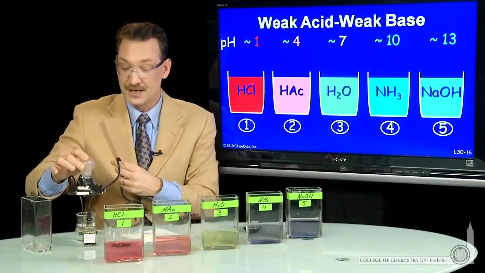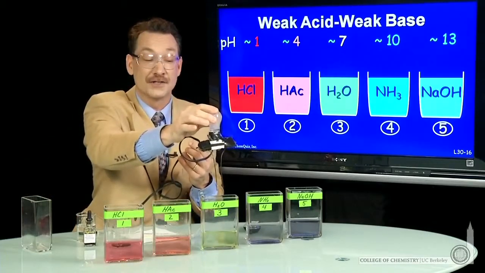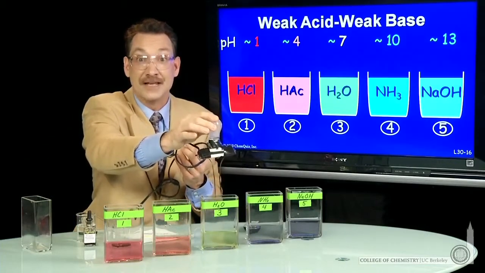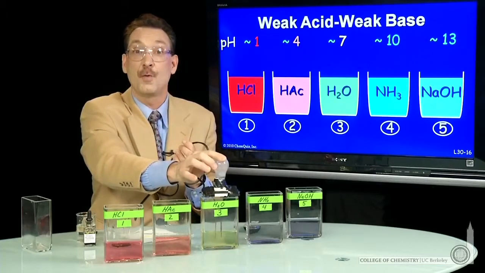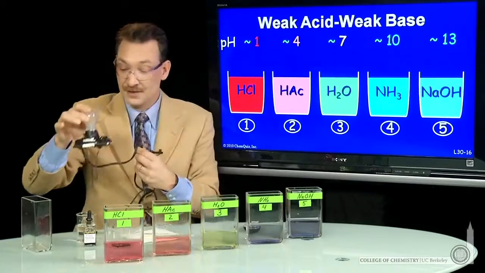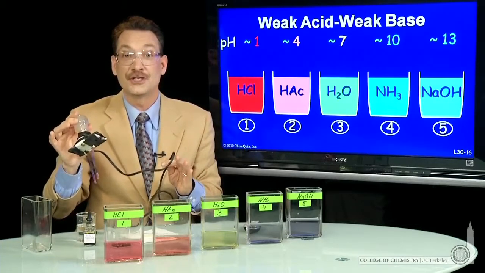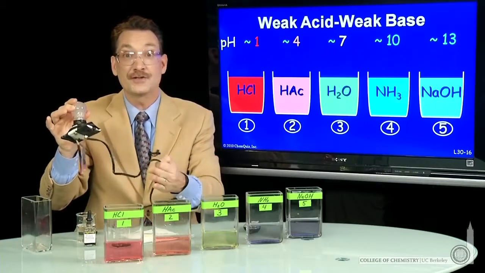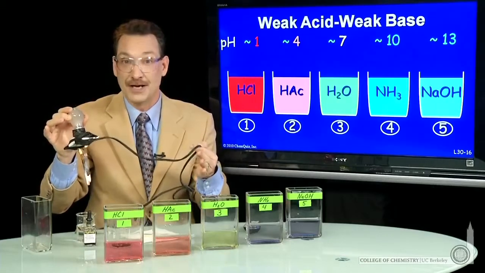If you look by comparison at water, a very low concentration of ions, 10 to the minus 7 H3O+, this is non-conductive. And in general, pure water is not a conductive solution. So let's look at the weak acid. Now the weak acid dissociates much less strongly than the strong acid. So the HAc does not completely break down.